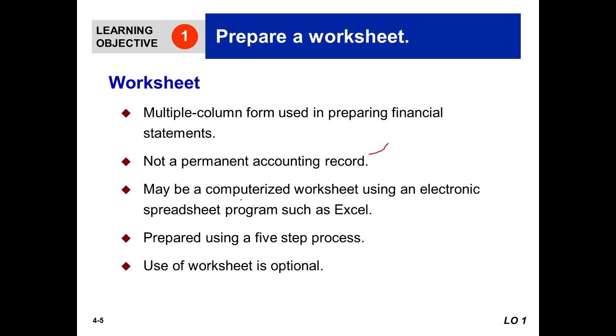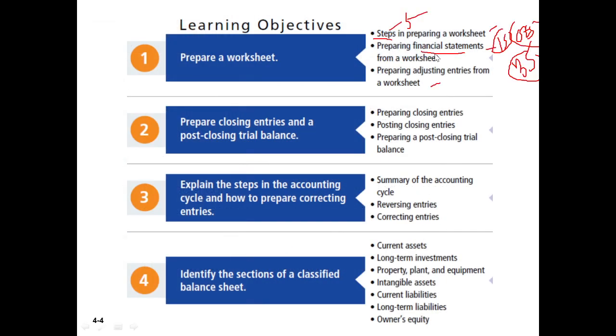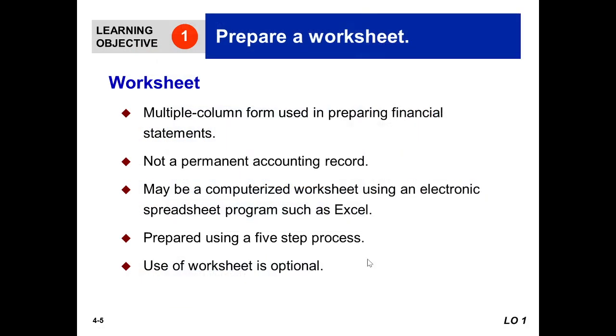Number three, it may be a computerized worksheet using an electronic spreadsheet program such as Excel. That means we can use Excel to prepare this worksheet. Number four, it is prepared using a 5-step process, which I have shown in our previous slides. Last one, use of a worksheet is optional. A worksheet is not mandatory. It is an optional method to record the accounting transactions.